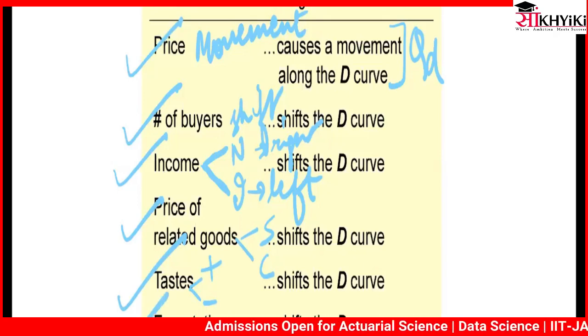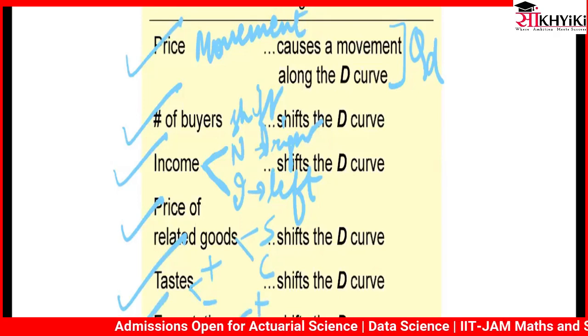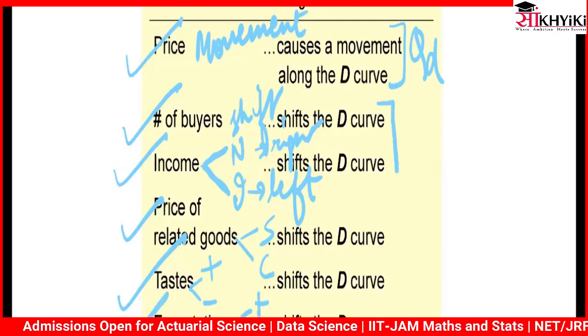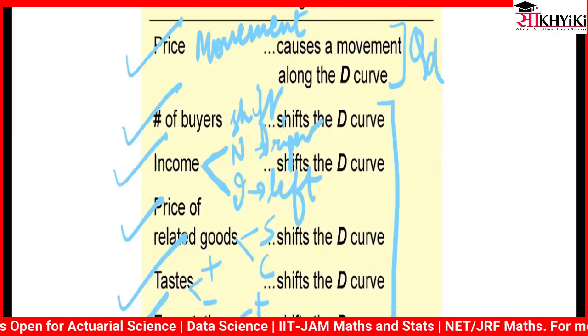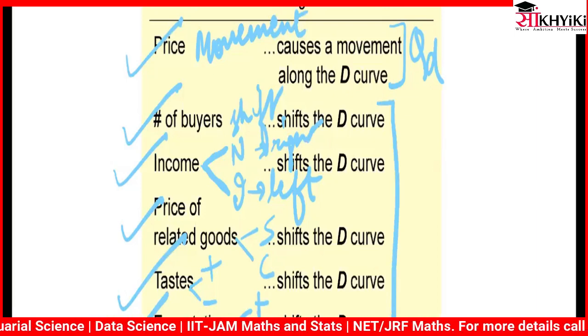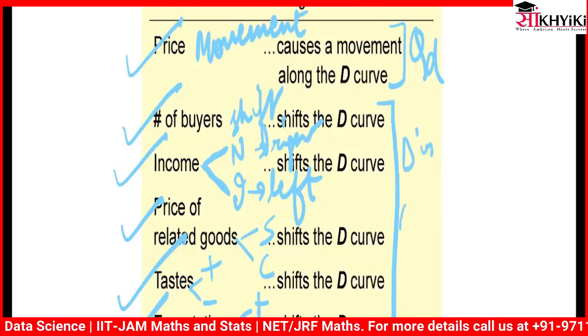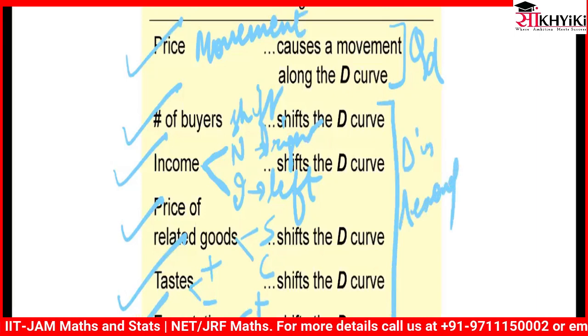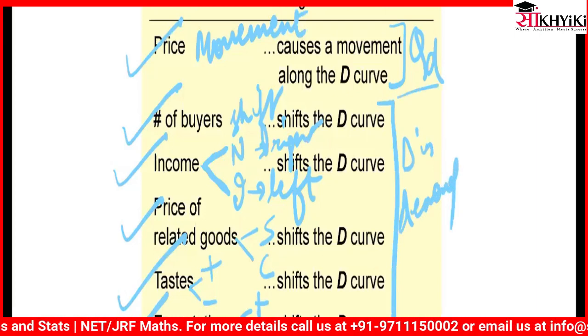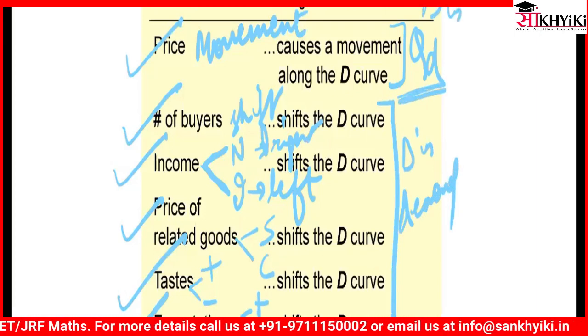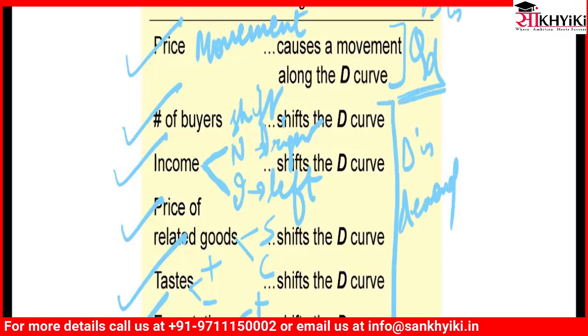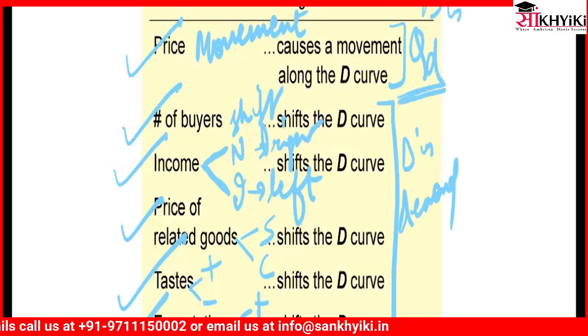And expectations, whether I have positive expectations or negative expectations. All these lead to a shift of the curve, and all of these are called change in demand, whereas this is called change in quantity demanded. So that is all about demand. We should practice a few questions on demand before we go ahead and talk about supply.